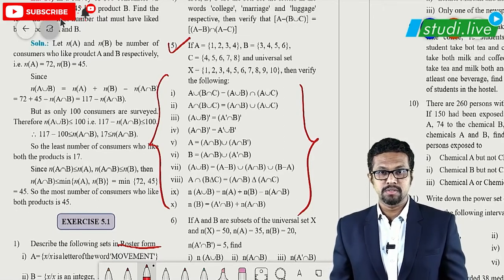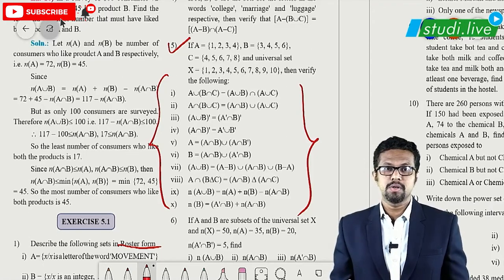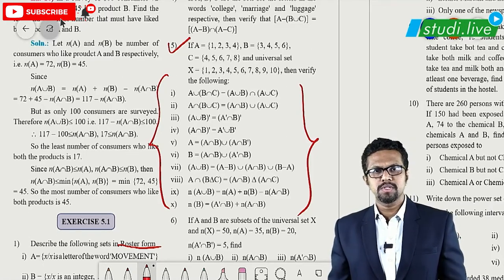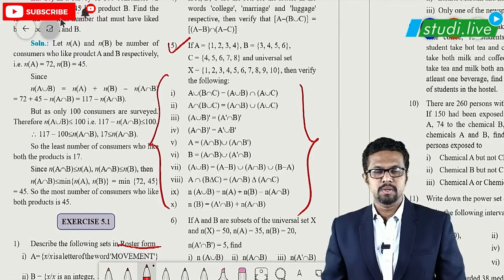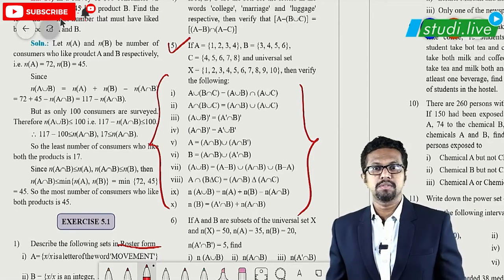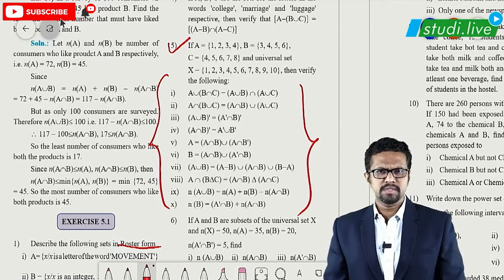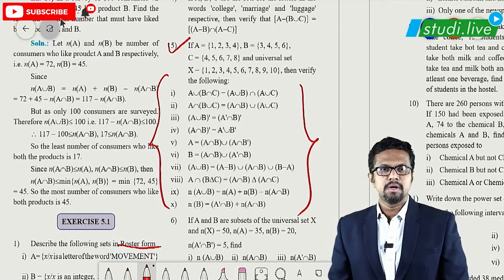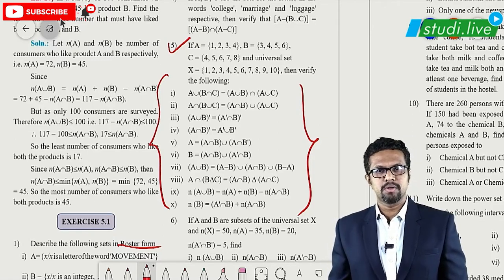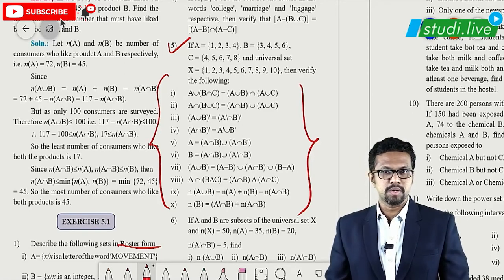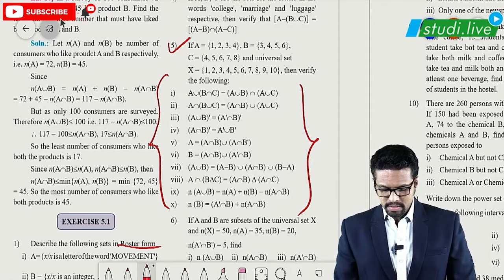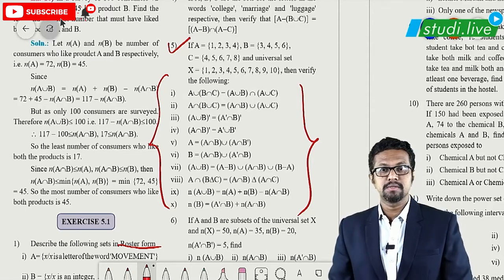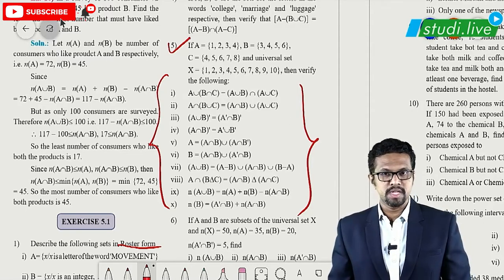There are 10 sub questions in this, so obviously not all can be asked, but it is possible like 1 or 2 can be asked for 3 marks. Okay, if 3 questions are asked, maybe it is asked for 4 marks. So the colleges can change this. They can ask 1 part or 2 parts for say 3 marks. So that is the possibility. So see to it that you are practicing all the parts in this. This question number 5 is very important.